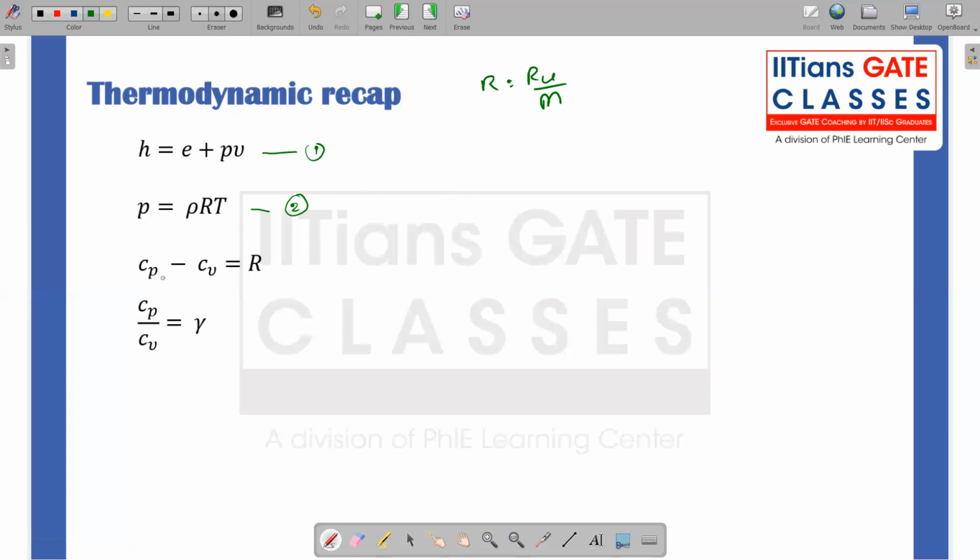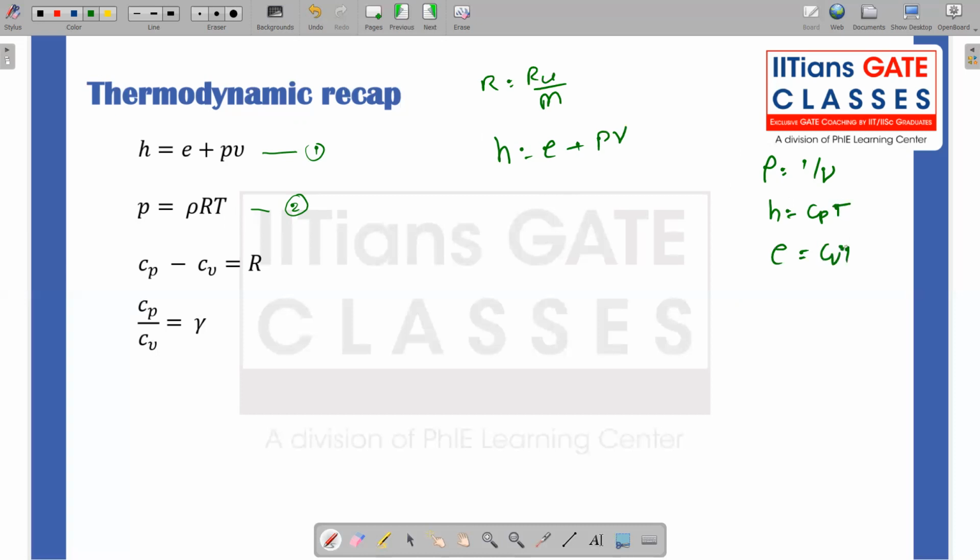We can easily show that this relation is true, because if I take the specific enthalpy and internal energy equation, I have H is equal to E plus PV. We know that rho is nothing but 1 by specific volume, so I can write PV is equal to RT. H is nothing but CpT, and internal energy is nothing but CvT.